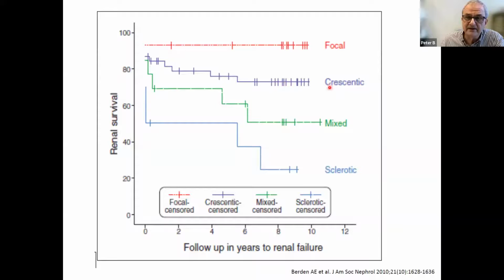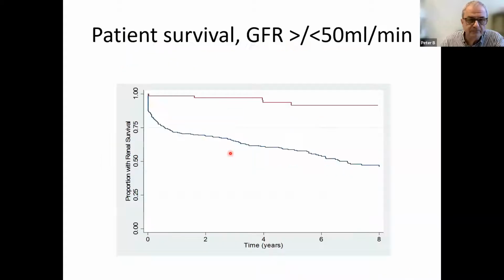Then you have crescents, and mixed and sclerosis. The patient survival is also dependent on the kidney function. If you have less than 50 milliliters per minute, then the prognosis is much worse than if you have more than 50 milliliters per minute in GFR at the start.